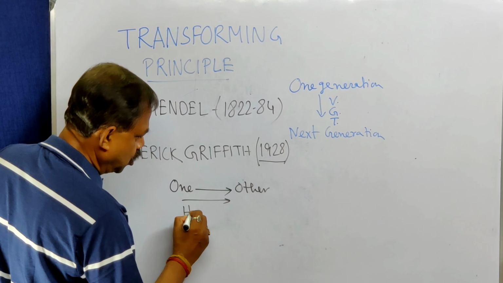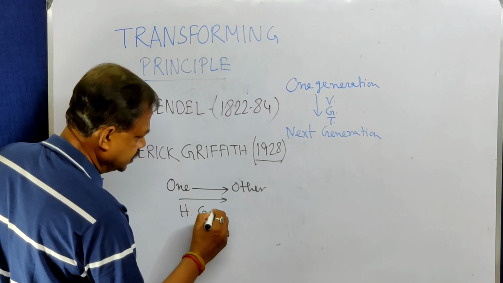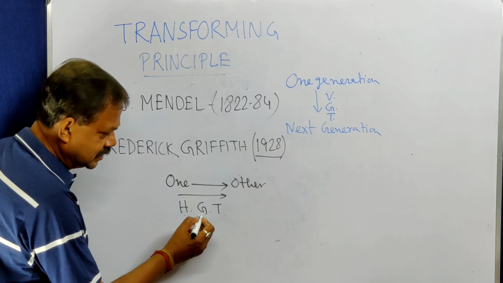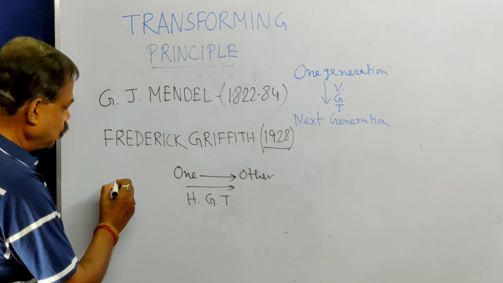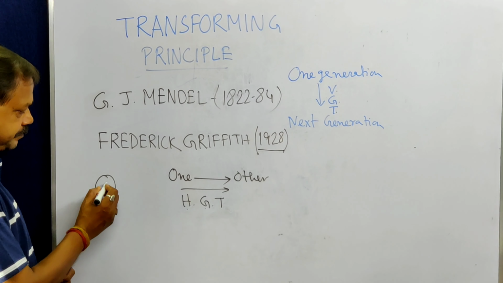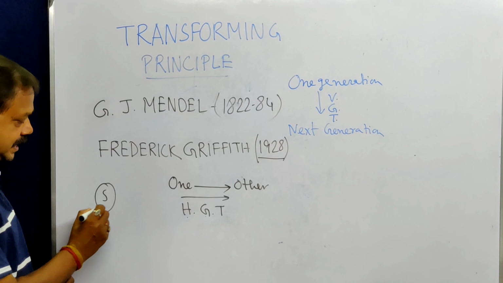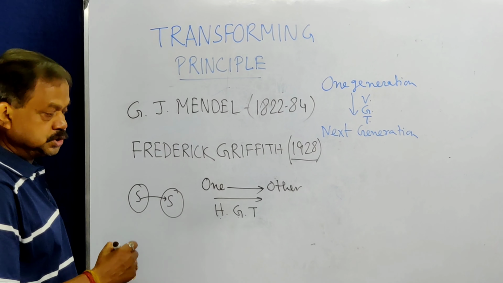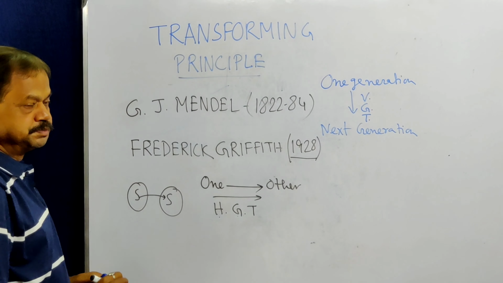That is called horizontal gene transfer. He stressed that horizontal gene transfer means he described that the gene of one cell can change the gene of another cell. So that is called transforming principle.